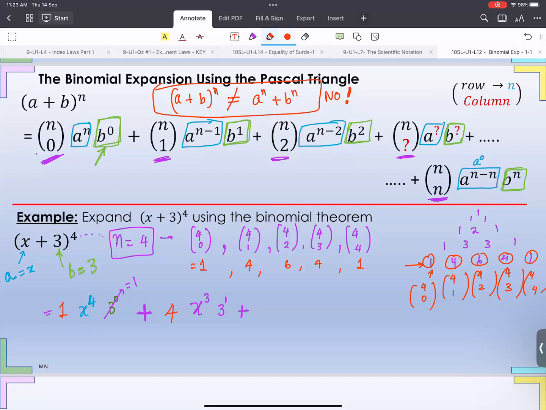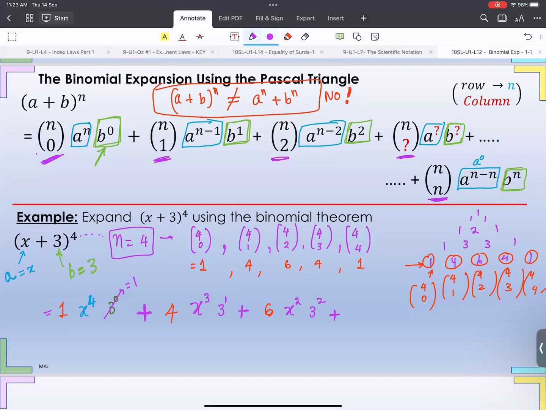So you put that 6 over there, and the powers of a keep diminishing, so that's going to be x to the power of 2. The powers of b keep increasing, so now that's going to be 3 to the power of 2.